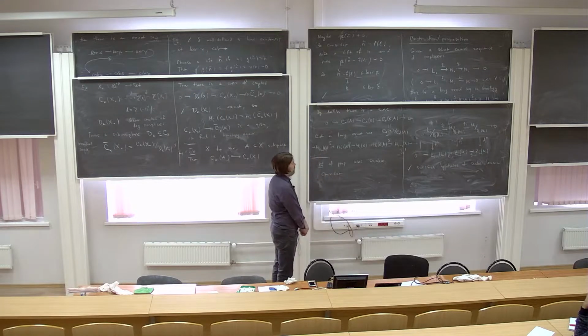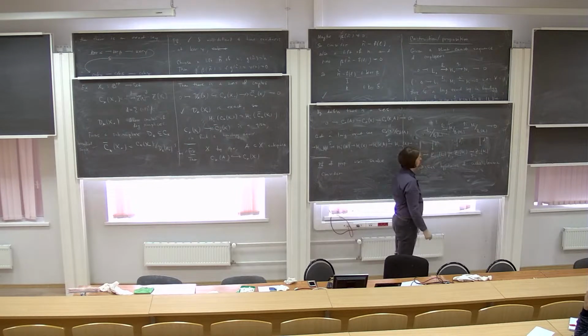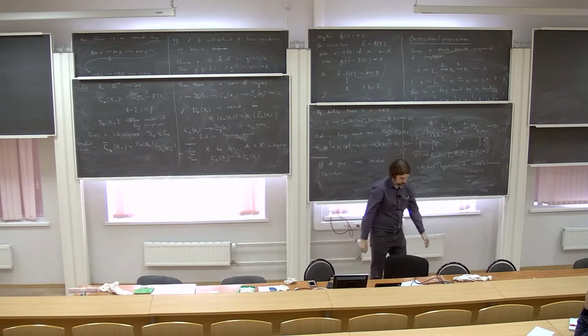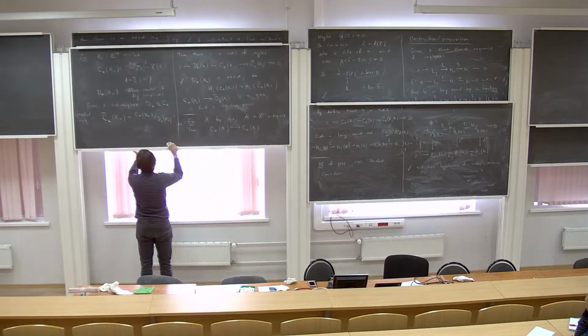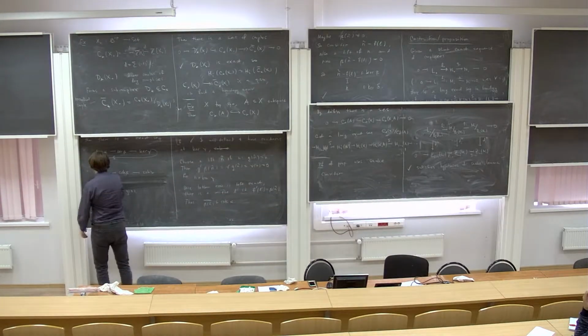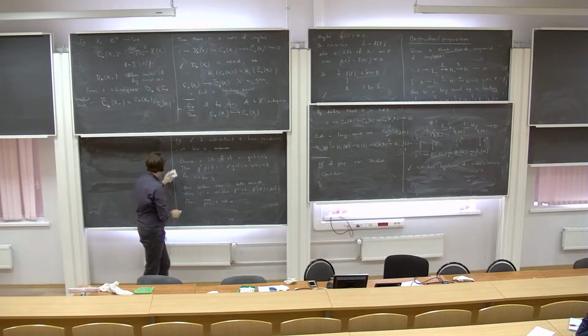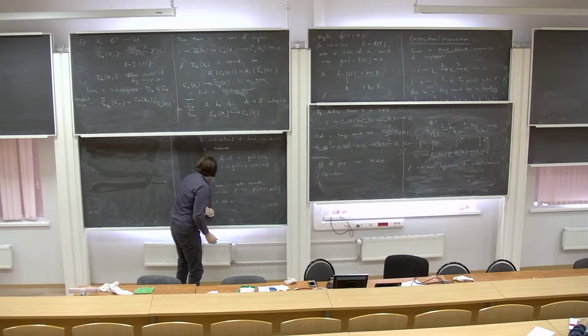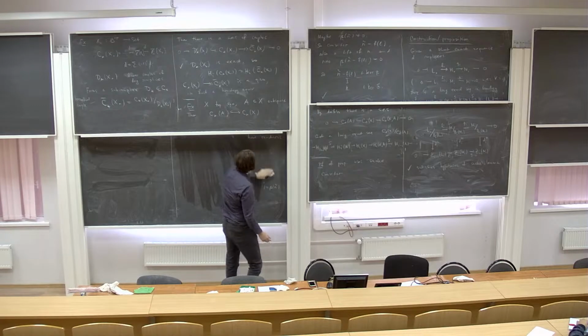And now, what is the kernel of the vertical maps? The kernel is the i cycles modulo the boundaries. So that's just homology. We've already factored out the boundaries, but we don't see the cycles yet until we take the kernel of the vertical maps. And what are the cokernels?